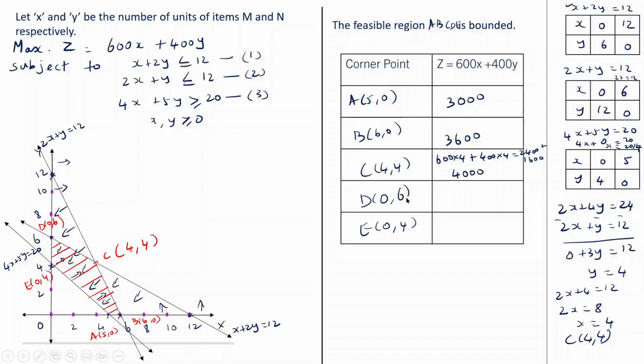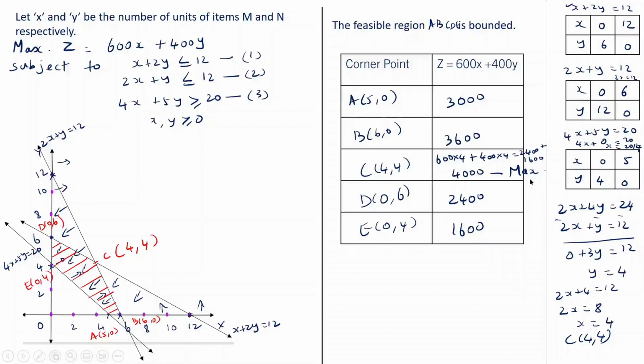And then for D 0, 6, x is 0, y is 6. So 0 plus 400 into 6 is 2400. And then for E 0, 4, x is 0, y is 4. 400 into 4 is 1600. Among all these, we can see that 4000 is the maximum value. So this is maximum.